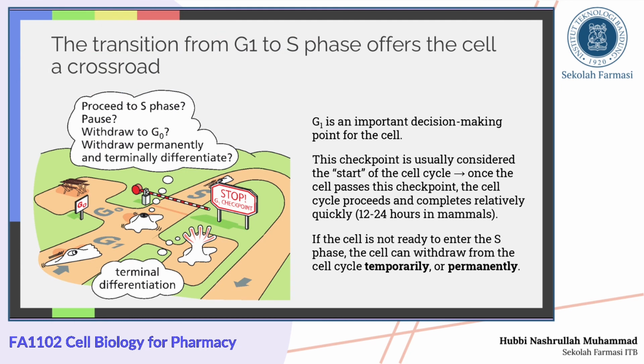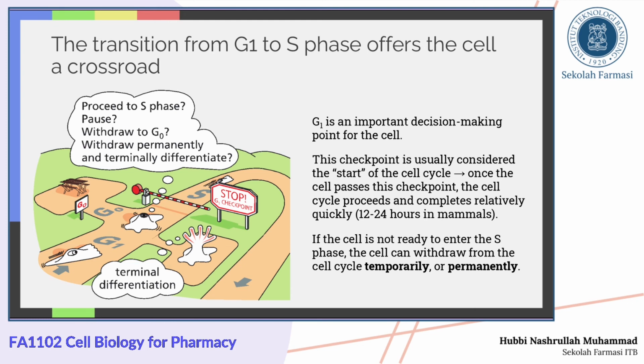Here we discuss the checkpoint at the transition from G1 to S, because this checkpoint is an important decision-making point for the cell. So, as we've seen previously, the cell cycle control system constantly monitors the internal and external environments for cell size and extracellular signals. Based on this information, the control system can decide to start preparations for the S phase or decide to delay entering the S phase.